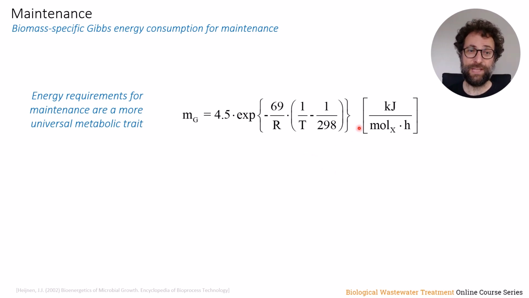Therefore, there is a temperature correction term, which at first might look intimidating, but I can assure you that you know what it means. When we discussed the transition state theory in our previous class, we derived that the k value, the rate constant, is a function of e to the power of minus activation energy divided by RT, where T is the temperature at which the reaction occurs.